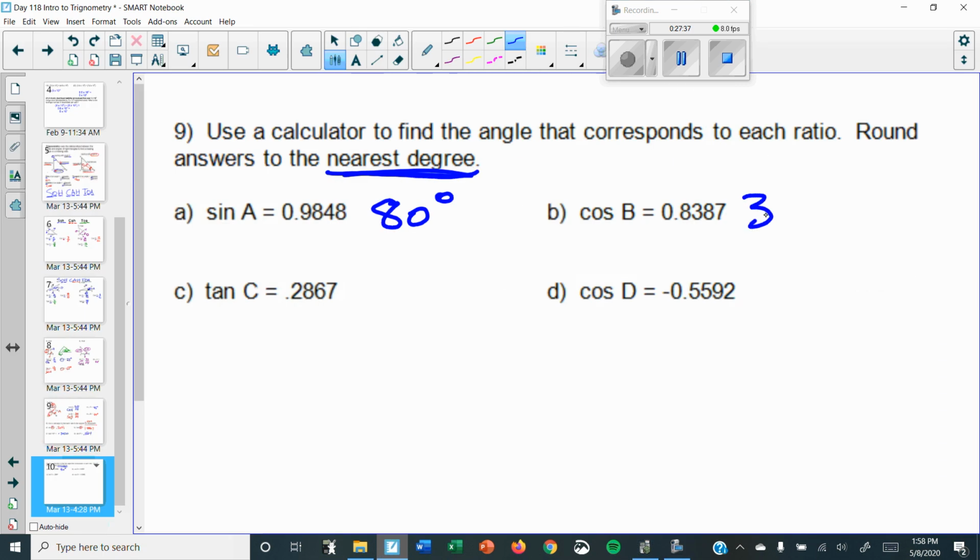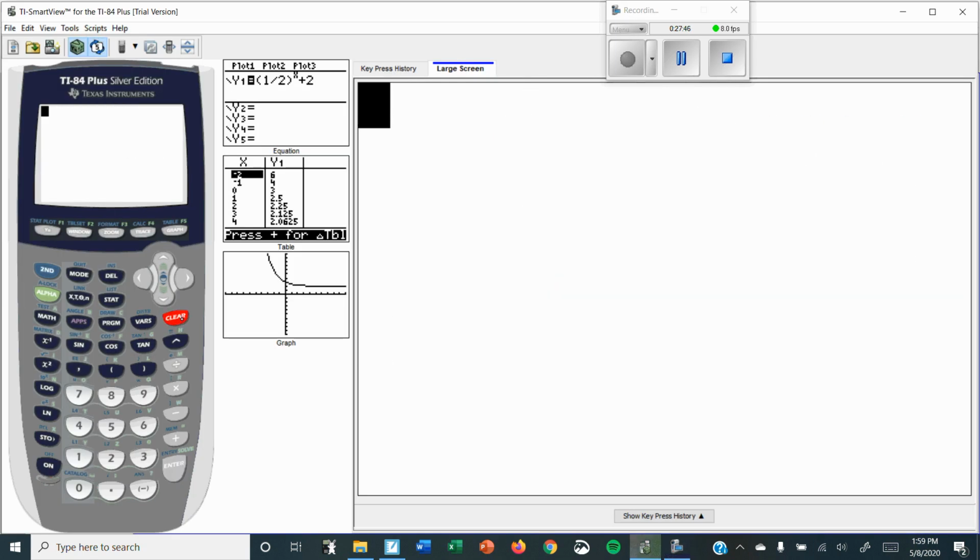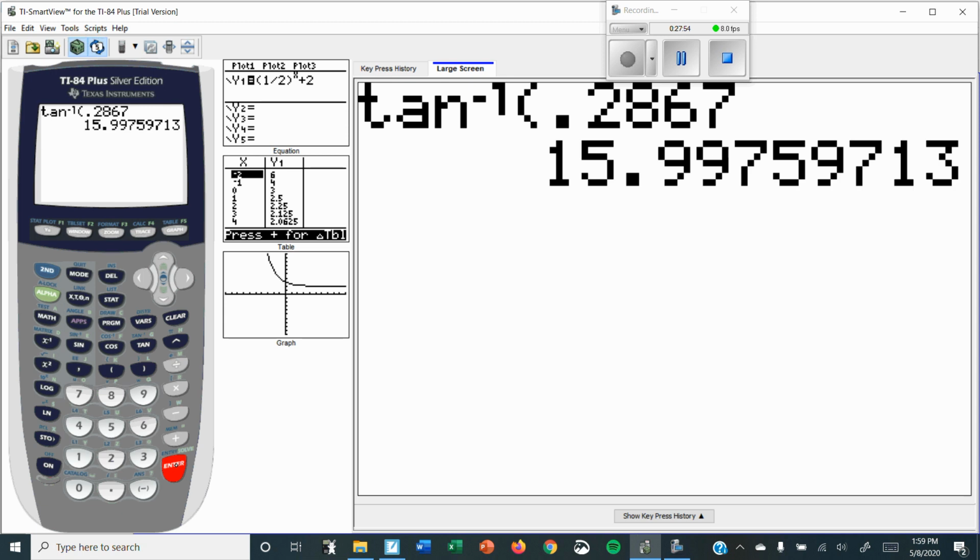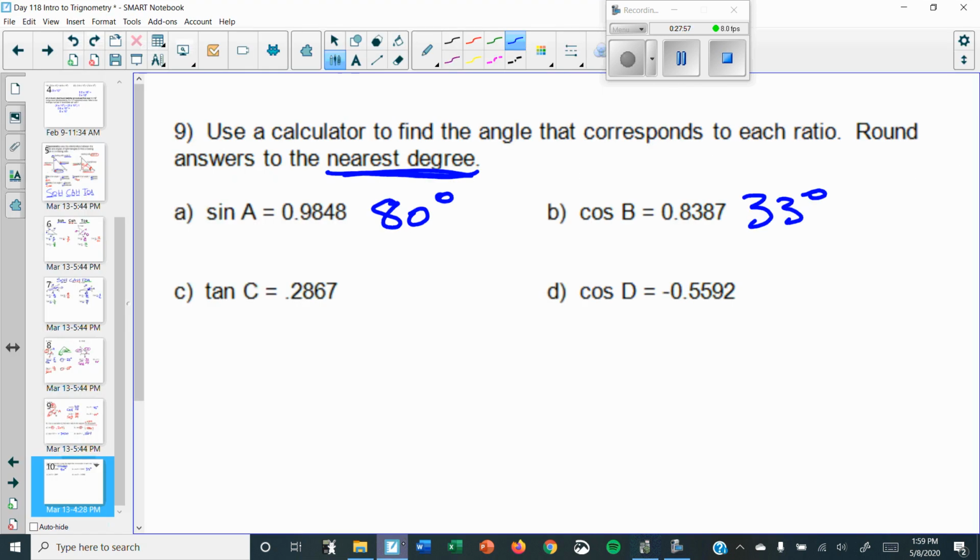All right. So 33 degrees. Okay, the next one is tangent 0.2867. So again, to find an angle, you have to press second tangent 0.2867. 15.9, that rounds to 16 degrees.